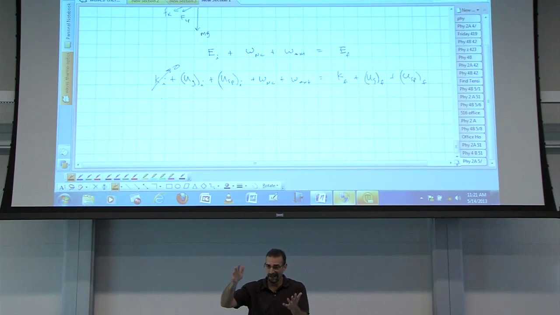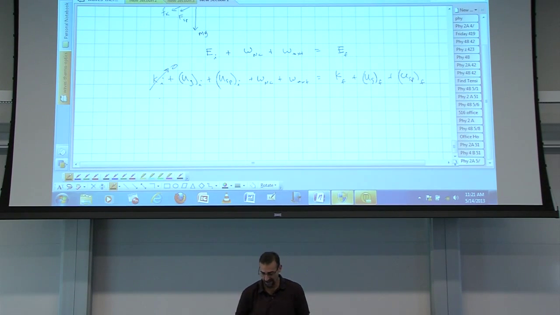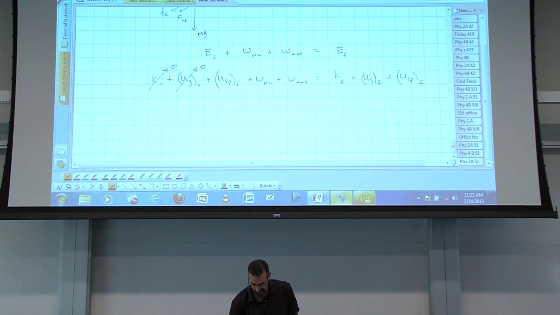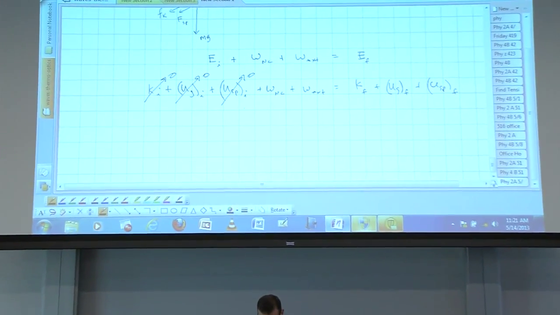We can have negative gravitational potential energy. But just make sure you get that right. You can pick any place to be 0, but make sure your gravitational potential energy goes up when your elevation goes up. So usually we pick the lowest point to be 0, but it's not necessary. So we'll pick the lowest point to be 0 in this case. And the spring starts out at its equilibrium length, okay?